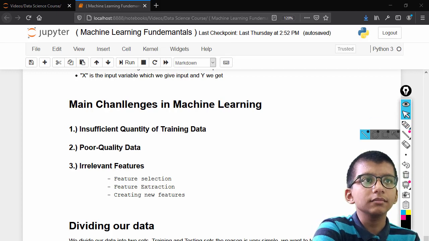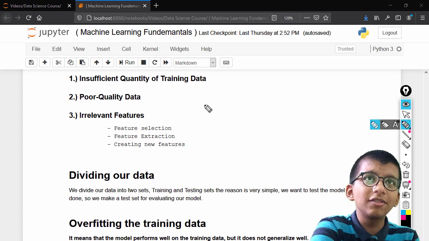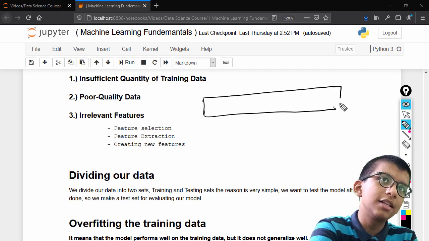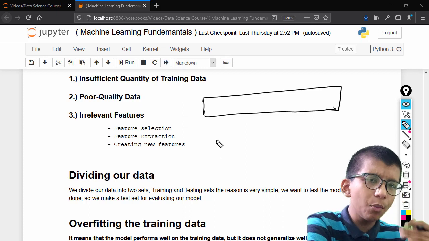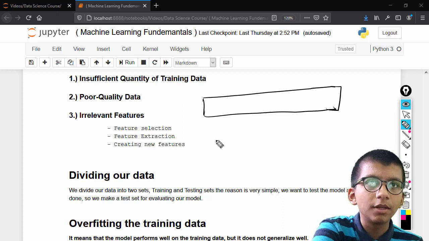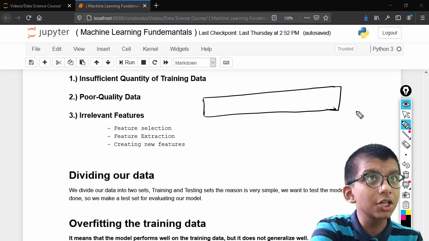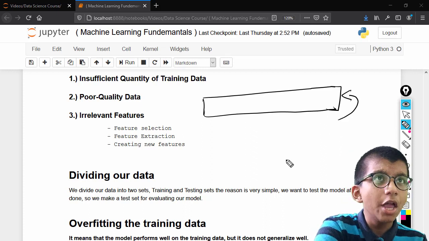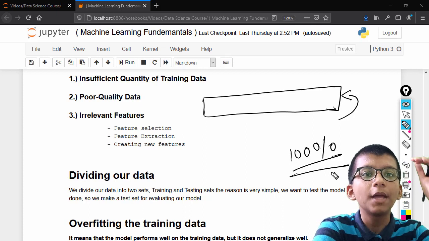Okay, so we divide our data. Let's say we have our data, this one. How can we test our model? We have trained the model on the whole training data. So if we make predictions using the model on this training data, we will get 100%, meaning the model is 100% accurate.